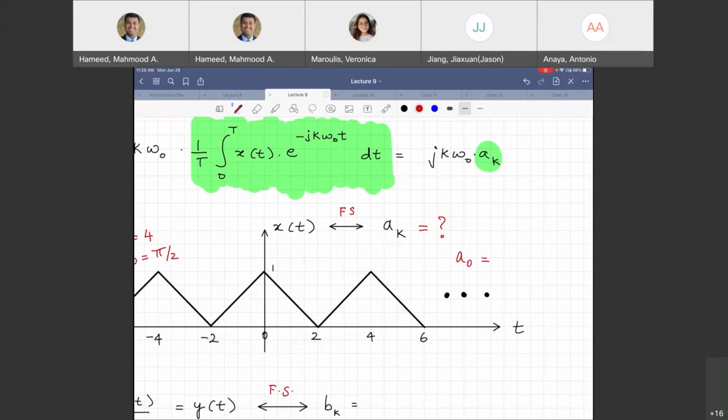Area over one time period divided by the time period, right? So what would be the area over one time period? Half base height divided by one time period is what? 4, right? Half. Is that okay? So a sub 0, we have evaluated it. Let's keep it on the back burner for now. Let's move on.